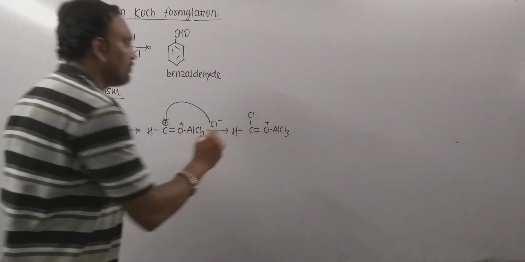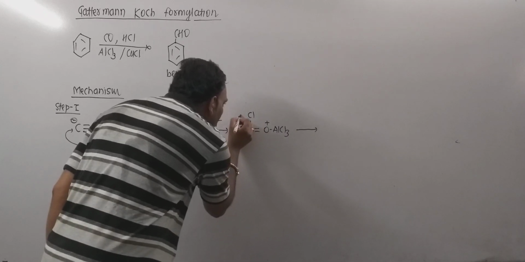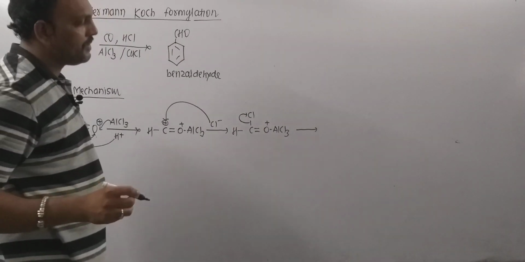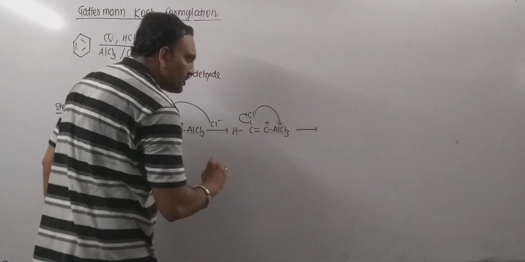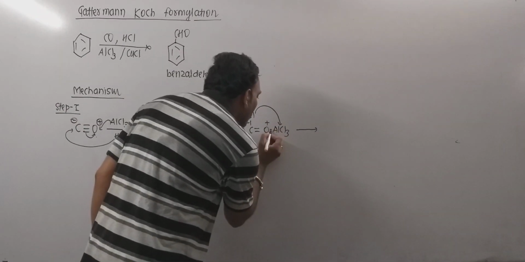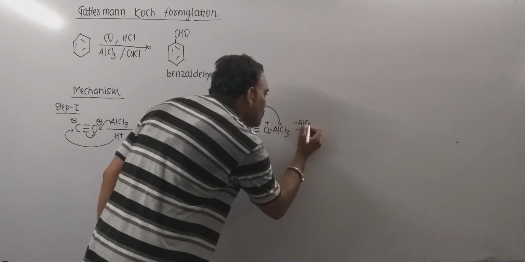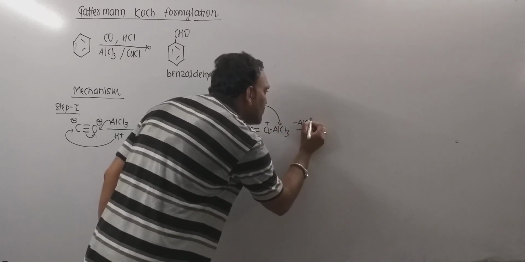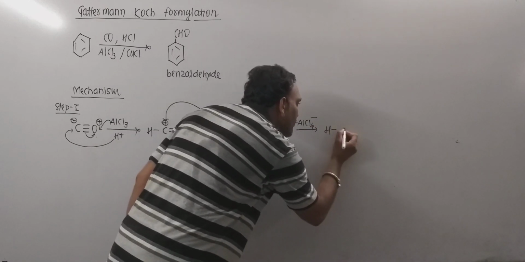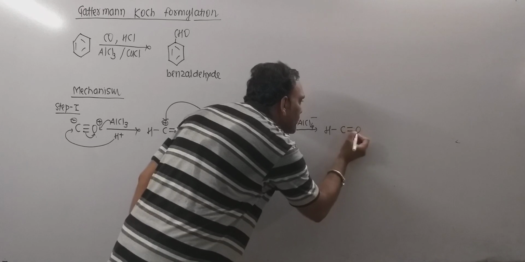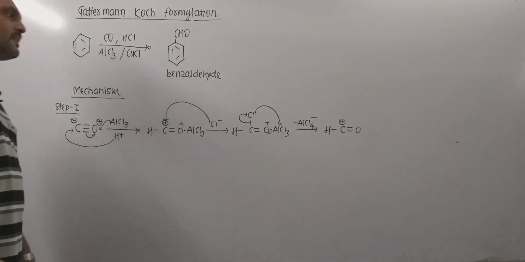Now at this point, this chlorine being more electronegative than carbon, along with the pair of electrons gets combined with this and the electron pair remains at this oxygen. Now this leads to the departure of AlCl4 minus, and hereby we receive a species that can be given as. Now this is very crucial and important.